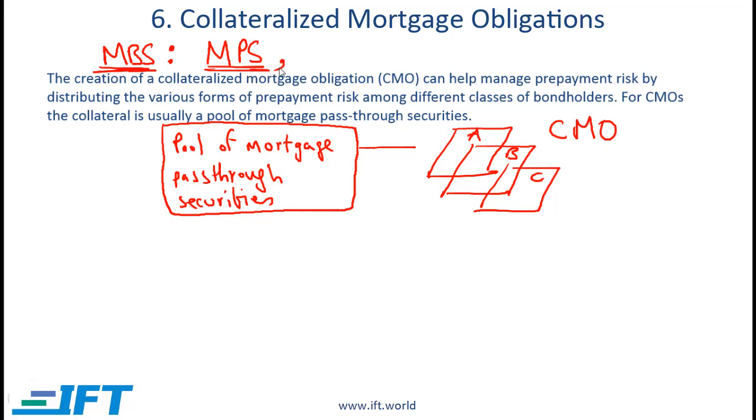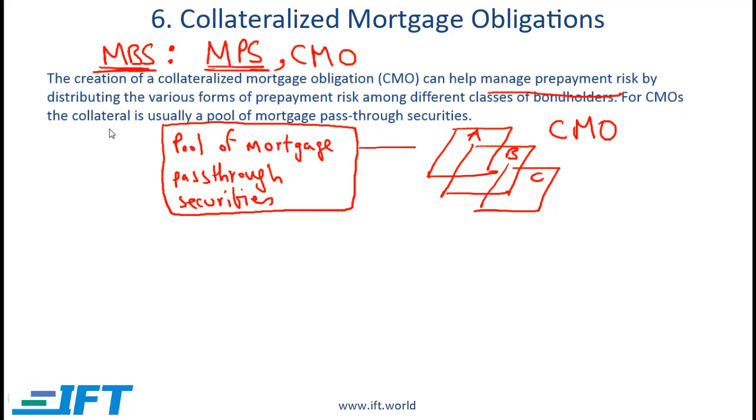Now we move to a slightly more complicated structure, which is CMO, or collateralized mortgage obligations. The creation of a collateralized mortgage obligation can help manage prepayment risk by distributing the various forms of prepayment risk among different classes of bondholders.